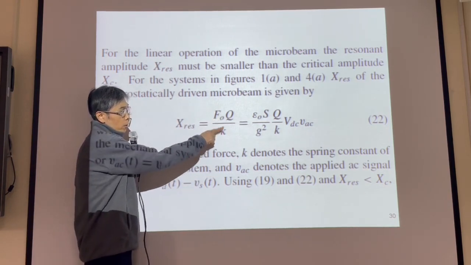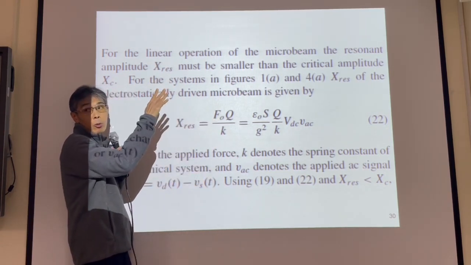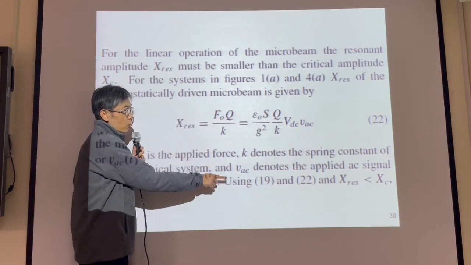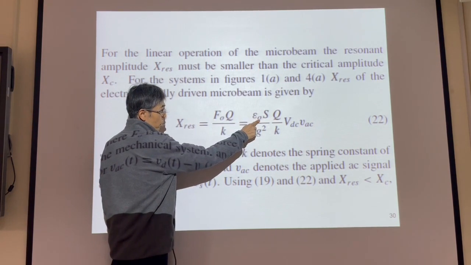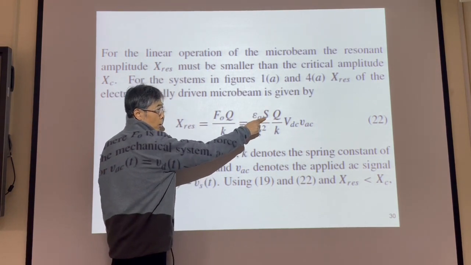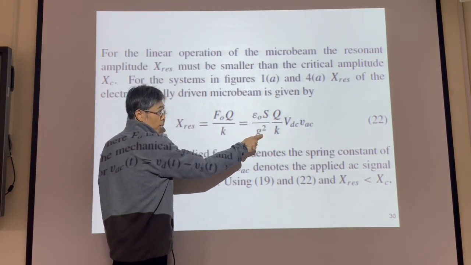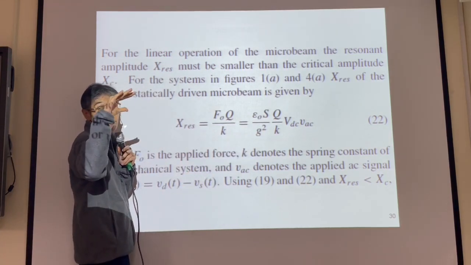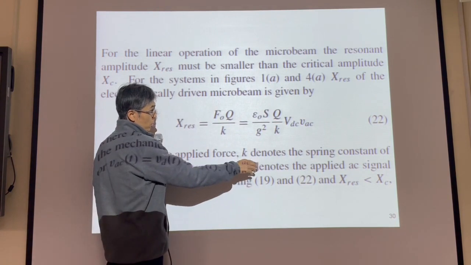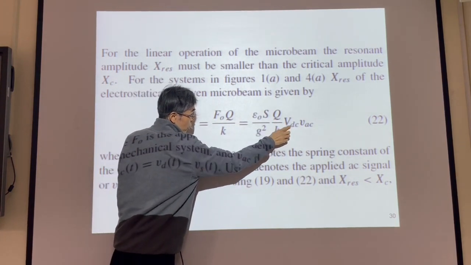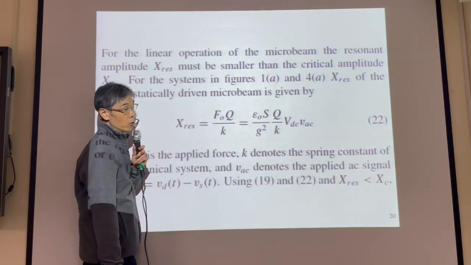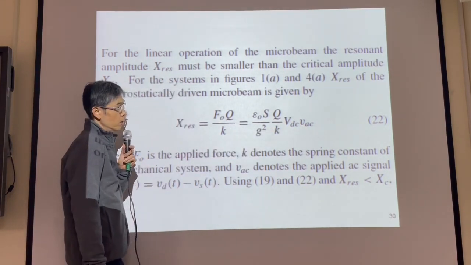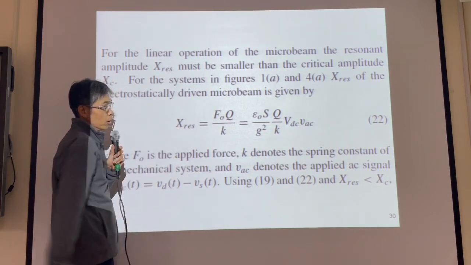Then for F0, you can go to equation 1, 2. In the previous equations, we have F0 equal to epsilon 0, the permittivity, times surface area, G is the gap of the capacitor, VDC is the DC voltage, and VAC is the AC voltage. So we have this equation.